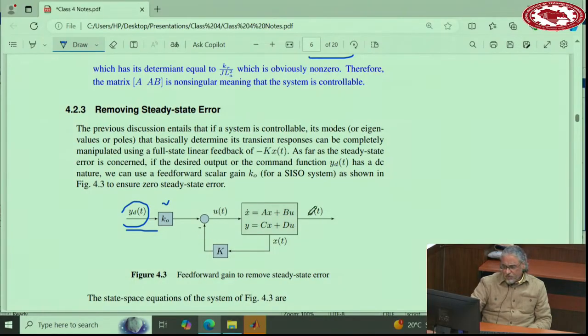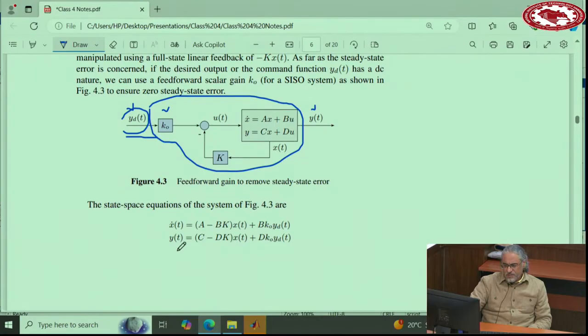Now, if you want the output to be equal to the set point in the steady state, and assuming that this is a DC scenario, the desired set point is basically a DC value, not oscillatory like 60 Hz or 50 Hz, it means that you have to choose K0 such that the DC gain of this system from here to here is equal to 1.